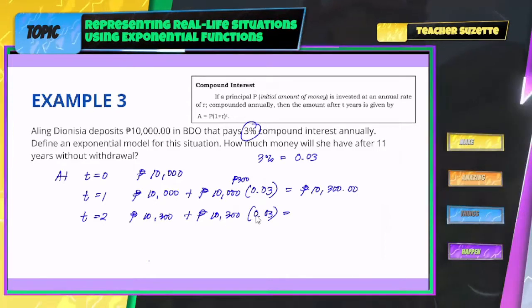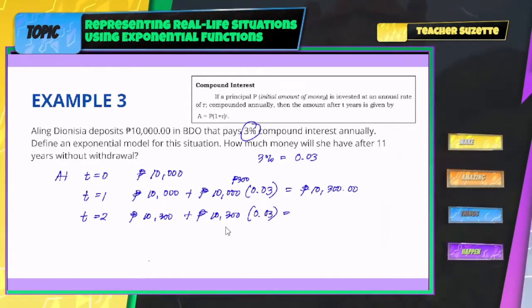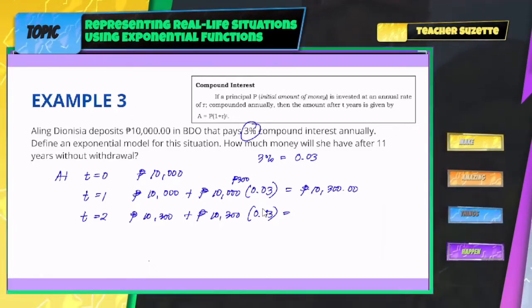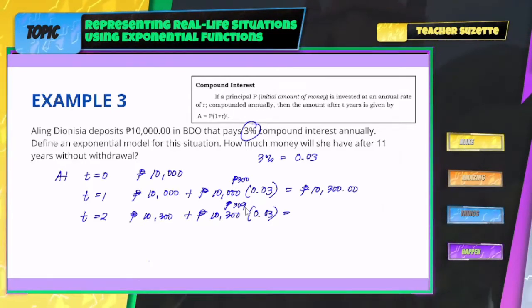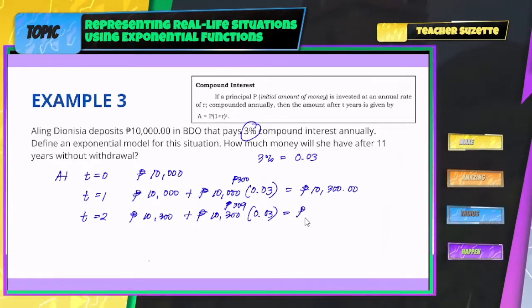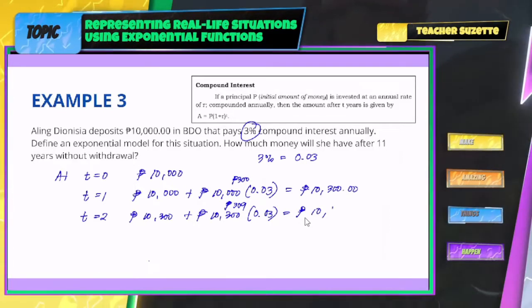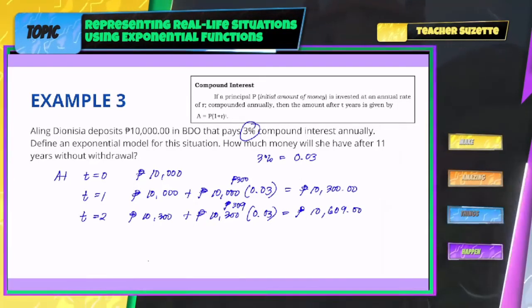Then, makukuha natin, compute natin yung ating compound interest. So, times lang po natin, 10,300 times 0.03 is 309. So, 309 plus 10,300, you will have 10,609 pesos.